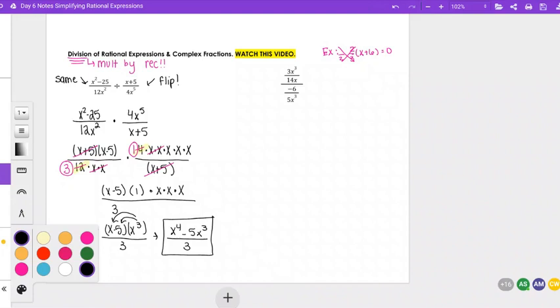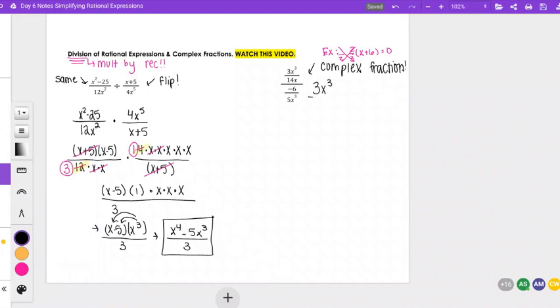Now, when we take a look at this next example, we'll notice that this is a complex fraction. And hopefully in Algebra 1, your teacher always steered you clear of complex fractions. So I would recommend that we go ahead and write this out as division from left to right: 3x cubed over 14x divided by negative 6 over 5x cubed.